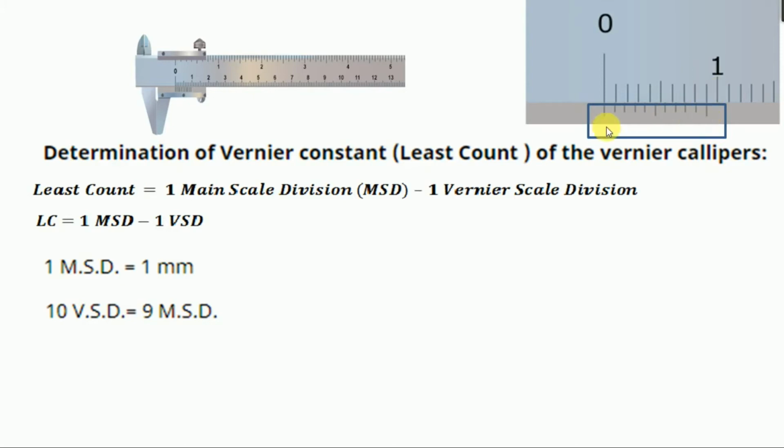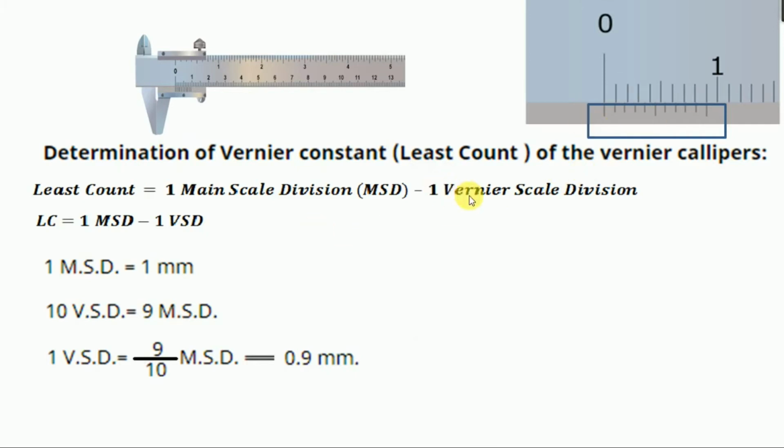Out here you can see 10 of this vernier scale is equal to 9 of this main scale division. So one vernier scale division is 9 by 10 main scale division, and 9 by 10 is 0.9, and 1 main scale division is 1 millimeter. So 0.9 millimeter is the vernier scale division.